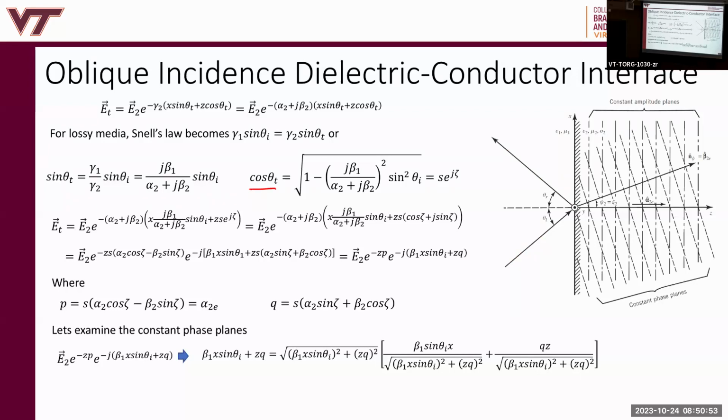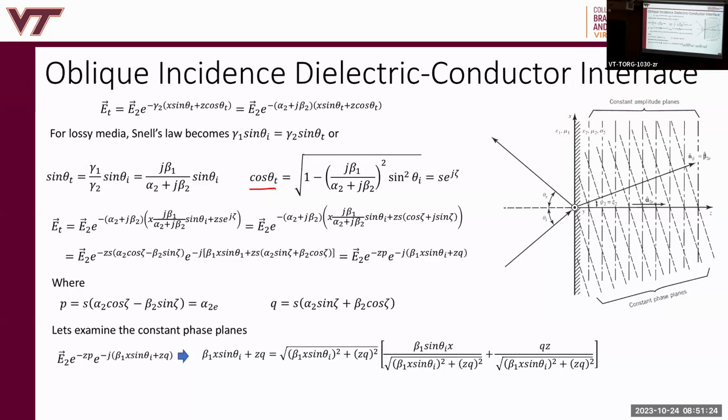Cosine theta transmitted is equal to the square root of 1 minus sine squared of theta transmitted, but you can write sine squared of theta transmitted in terms of sine squared of theta incident using Snell's law. We then write transmitted in terms of incident by using this Snell's law expression here, and then we can come up with this expression. We can write that in polar form, call its magnitude S, and call its angle zeta.